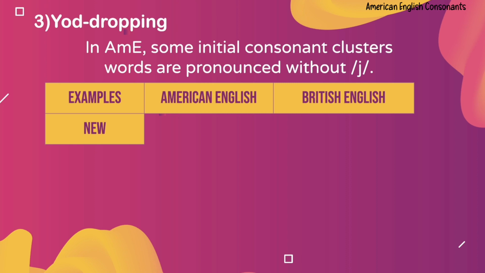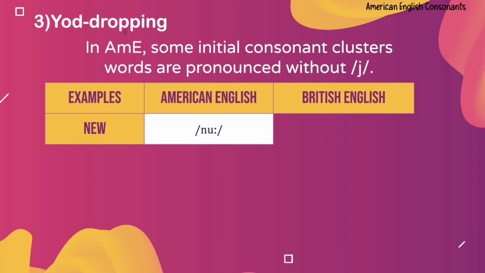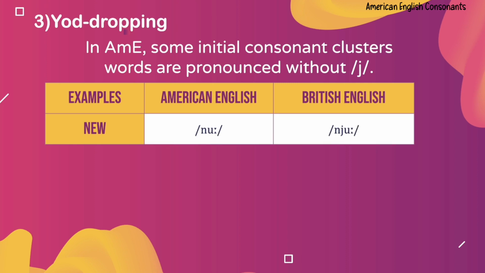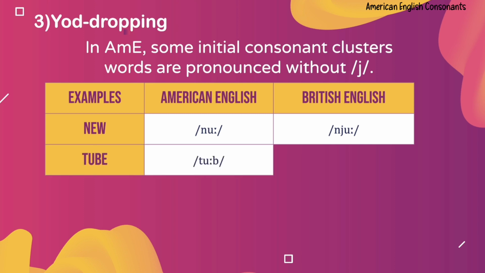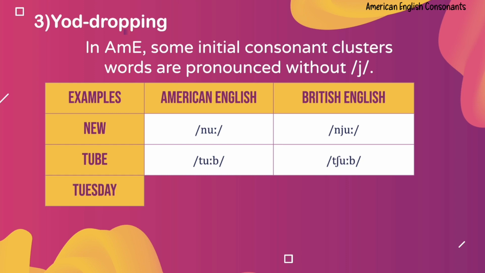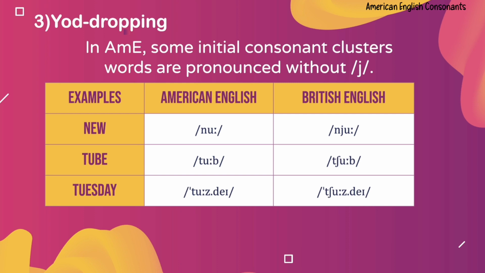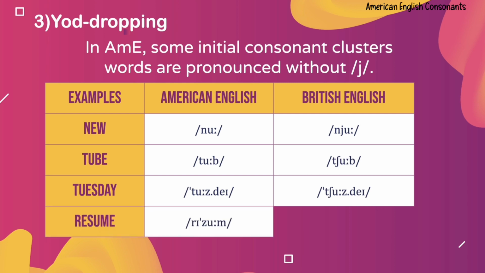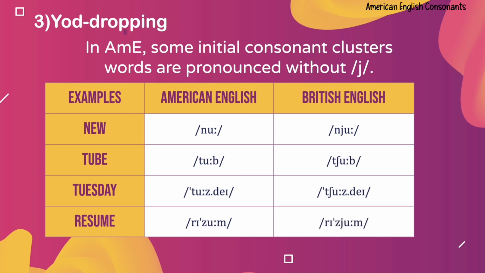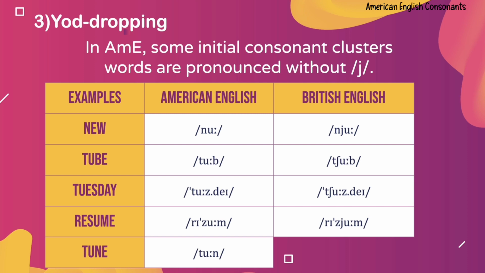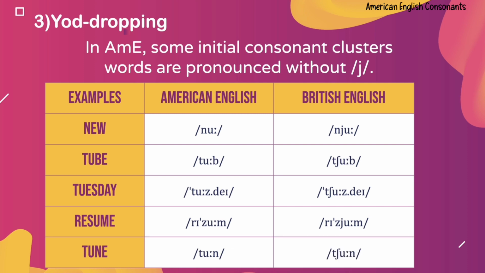For example, new, tube, Tuesday, resume, tune. And that's all for the American English consonant differences.